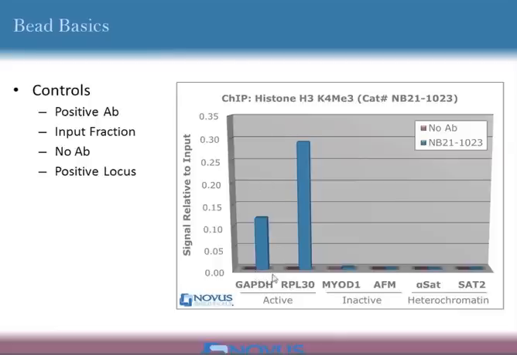So we have two different primer sets here that were designed around constitutively actively transcribed genes, GAPDH and RPL30. And so we see nice amplification of those. In addition to that, we also have four negative loci here that correspond to inactive gene groups and also to heterochromatin, which are not associated with this modification here. So it's nice to see that they did not amplify.